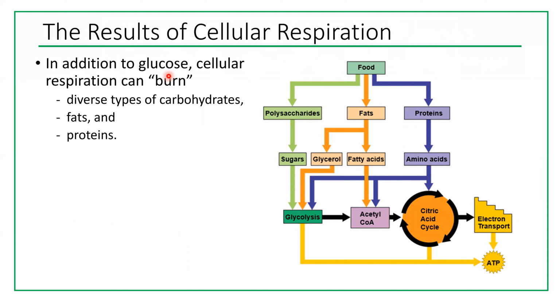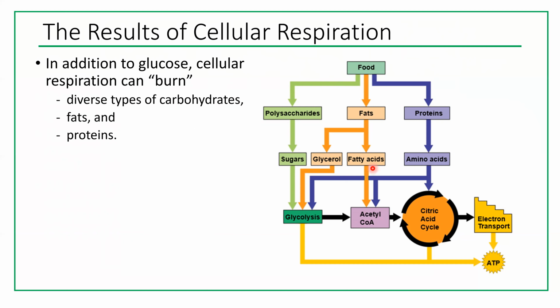So in addition to glucose, cellular respiration can burn diverse types of carbohydrates, fats, and proteins. So here's your food made of polysaccharides, fats, and proteins. And here's our cellular respiration. So all of these nutrients can enter this metabolic pathway at different stages, right? So polysaccharides are broken into sugar and start with glycolysis.